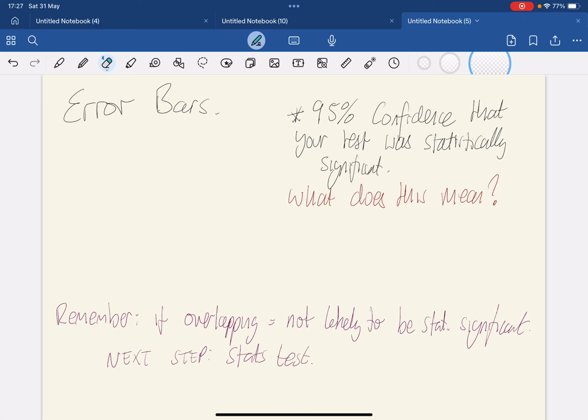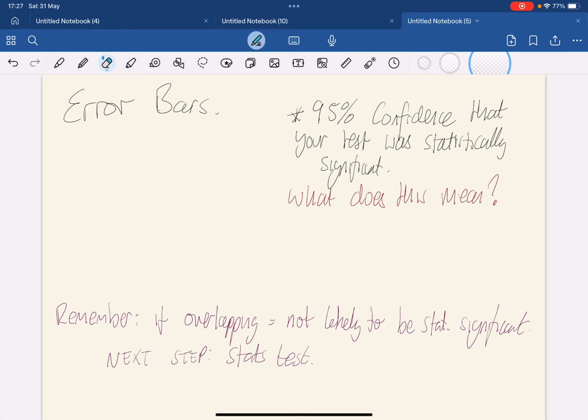So we can draw error bars into our data, from bar charts but also from line graphs. We'll do another video on these later with some examples, but it's important to remember that if they're overlapping, it's not likely to be statistically significant at all. That's when we'll do a stats test next.